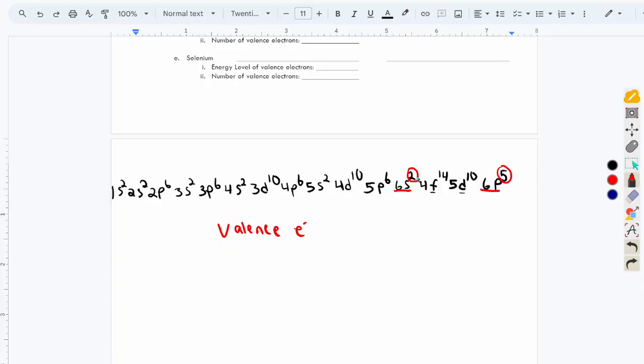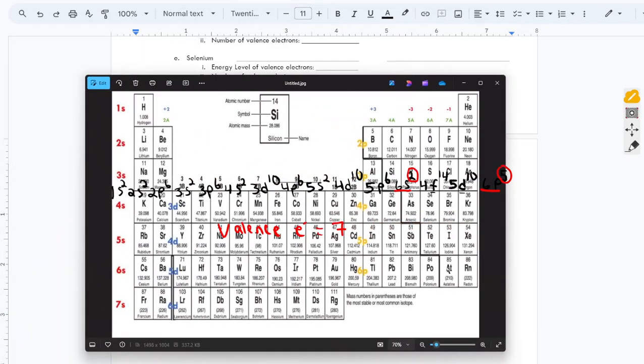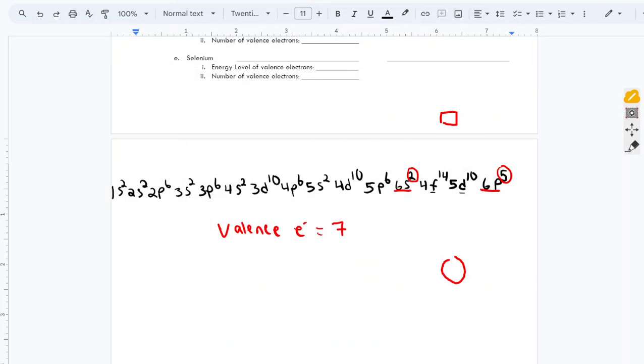All I got to do is take those 2, add them to those 5, and this is going to be 7 valence electrons, right? If we look over, that's for this element here, astatine. And astatine is in group 7A, and we know that group 7A has 7 valence electrons, so we're correct, right? 7 valence electrons, good for us.